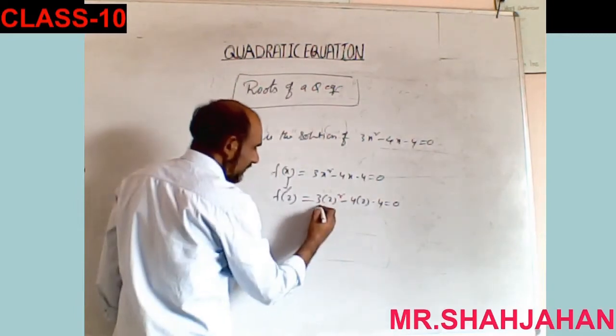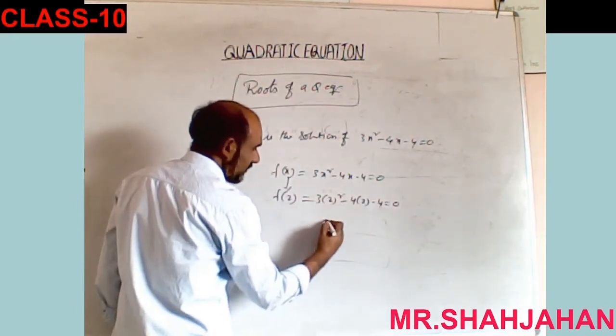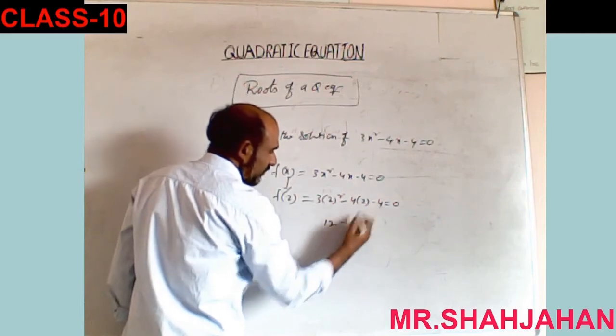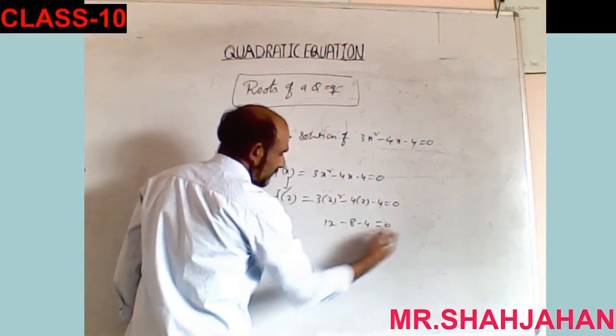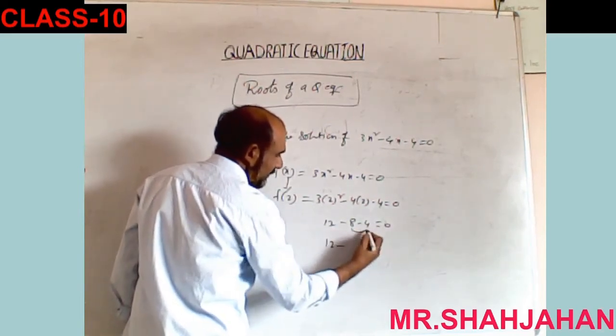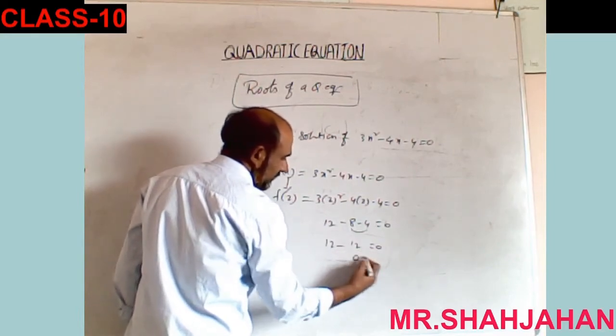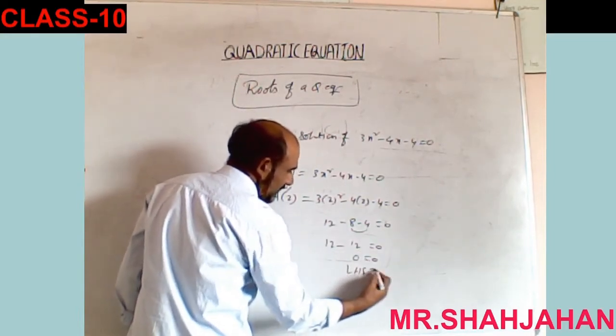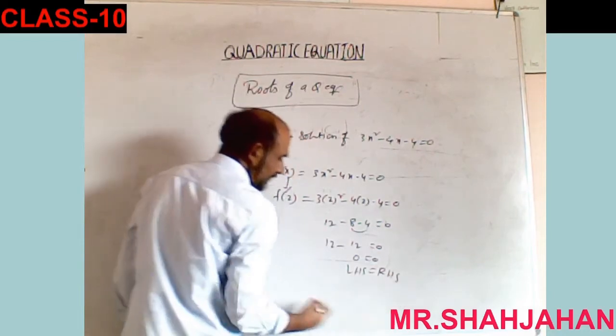We will check it now. 3 into, here 2 square means 4, so 12 will be there. 4 2s are 8, minus 8 plus 4 is equal to 0. 12 minus 8 minus 4, 12 minus 12 is 0. So LHS is equal to RHS.